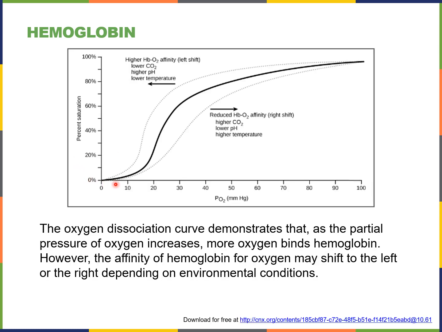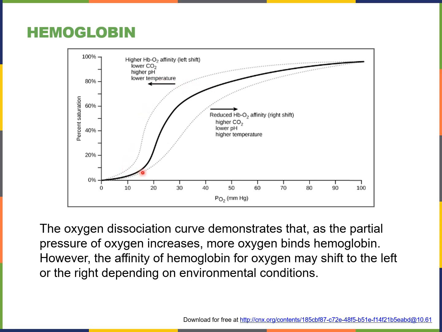So you can see here our oxygen dissociation curve. As the partial pressure of oxygen increases, PO2 is down here, partial pressure of oxygen. As that's increasing, we have more oxygen that's binding with hemoglobin. However, you can see the affinity of hemoglobin for oxygen may shift to the left or the right depending on environmental conditions.